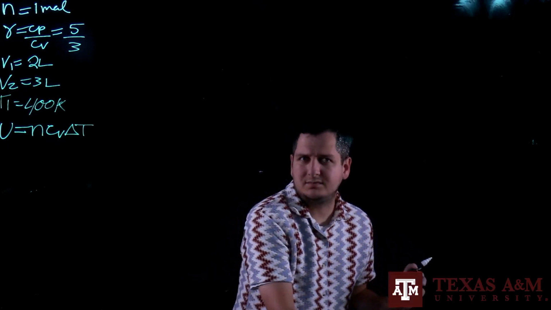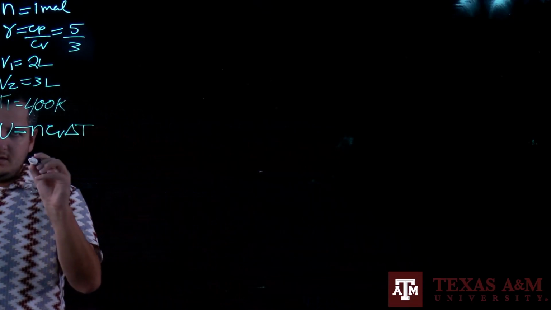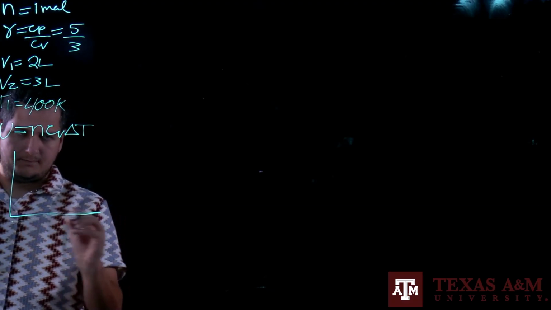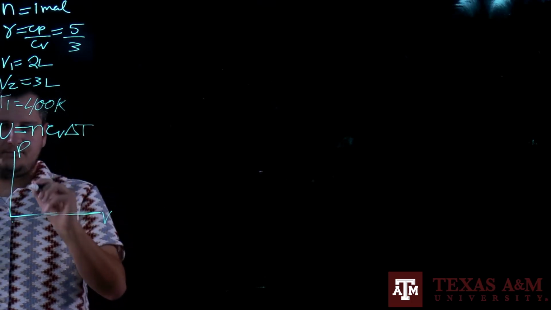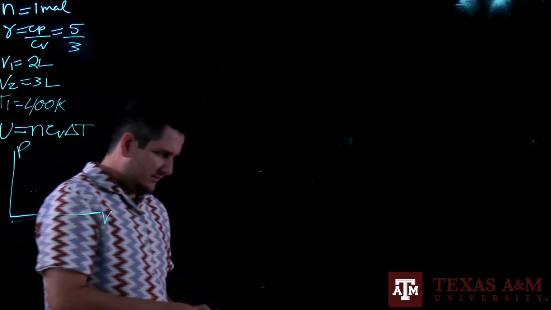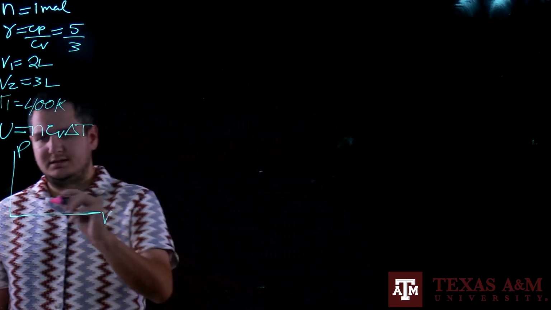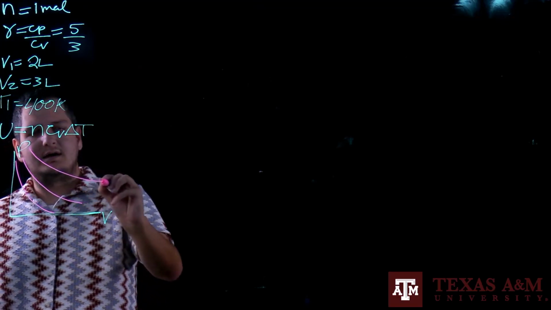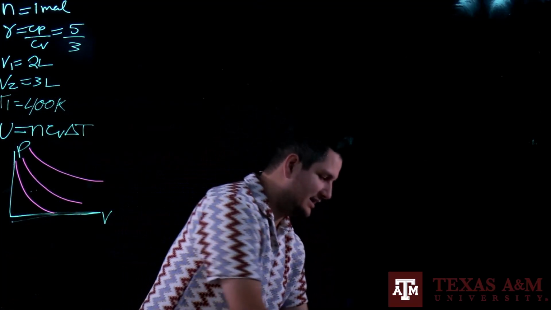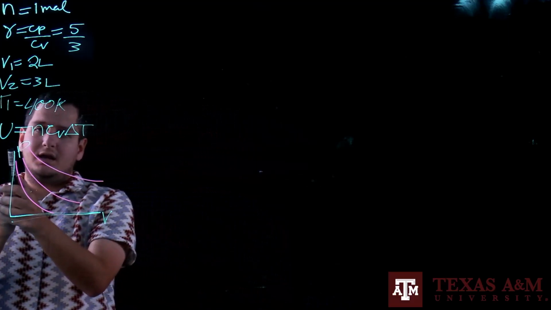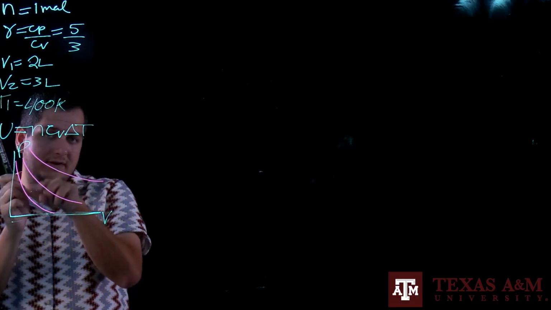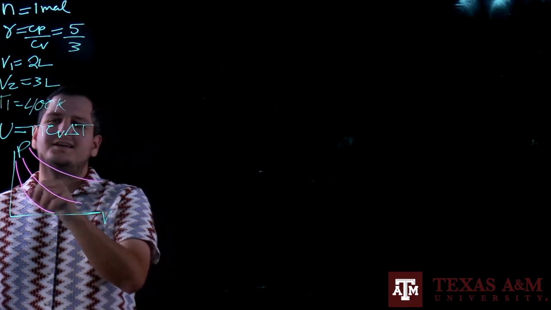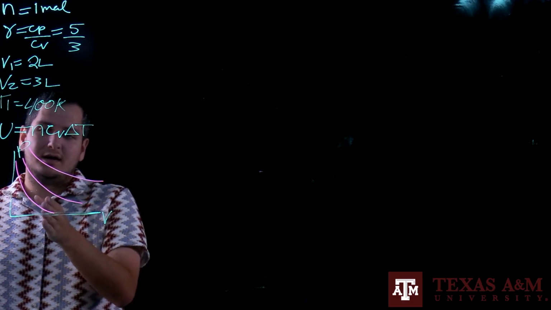Let's draw the PV diagram, small, right? The PV diagram will look something like this. V, P. Remember, in a PV diagram, you have the isotherms, right? But for adiabatic expansion, you're not holding any of the state variables constant. You don't have constant pressure, so you're not moving horizontally.